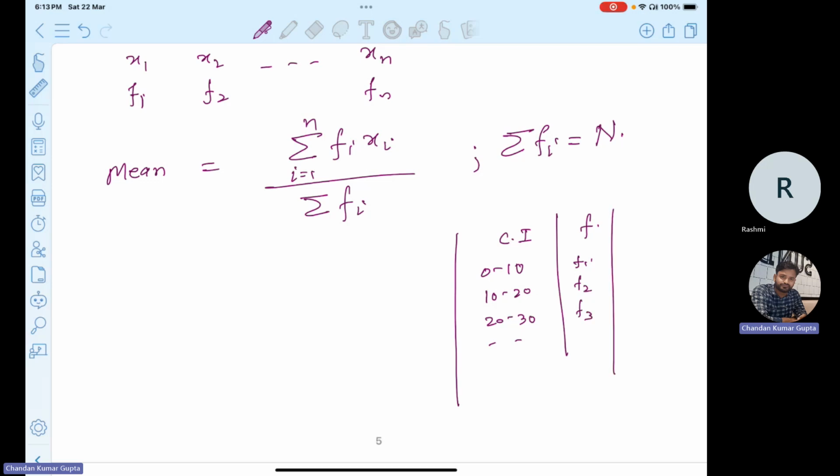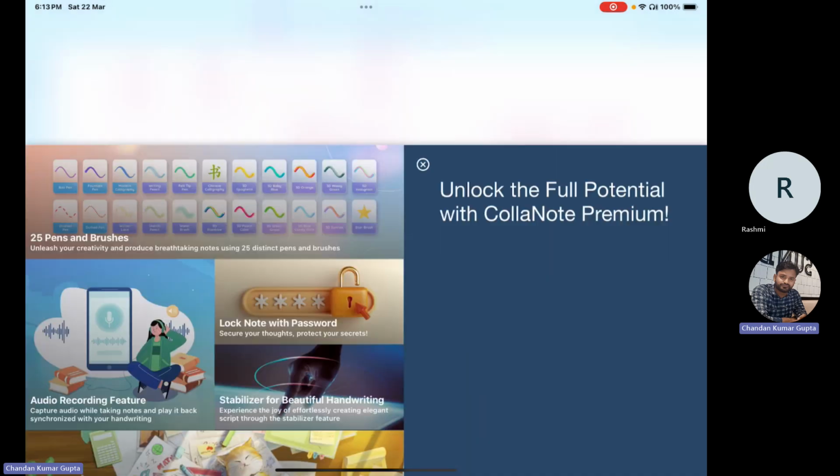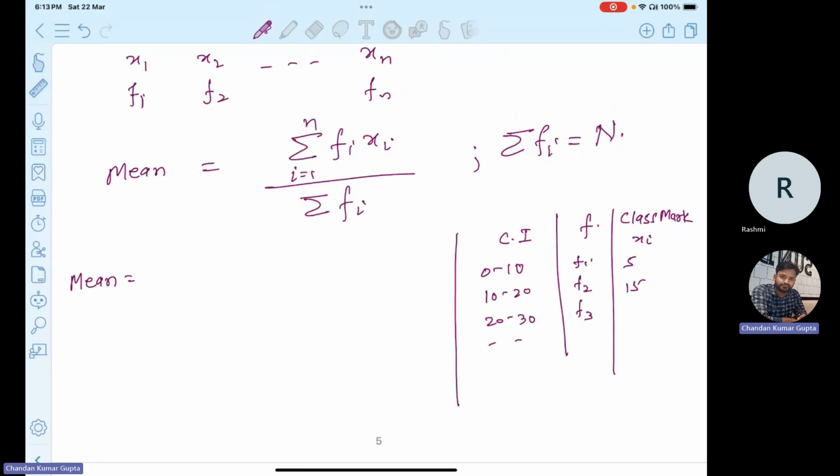Then to calculate the mean, we define a class mark, also denoted xi, which is nothing but the mid value of those class intervals. Here 0 to 10 means it is 5, 10 to 20 means 15, 20 to 30 means 25, and so on. Then the same direct formula can be used.